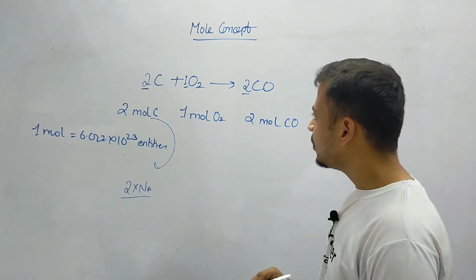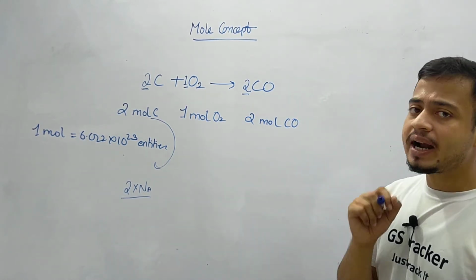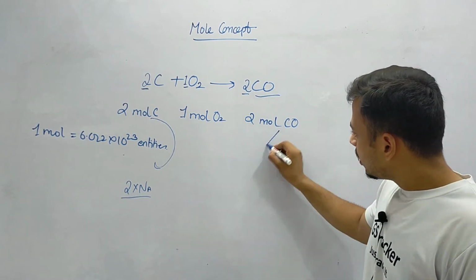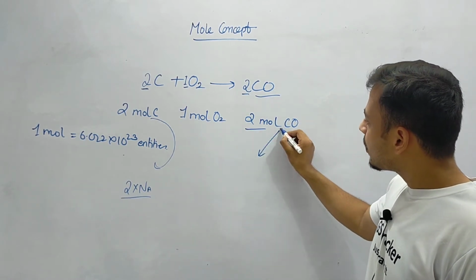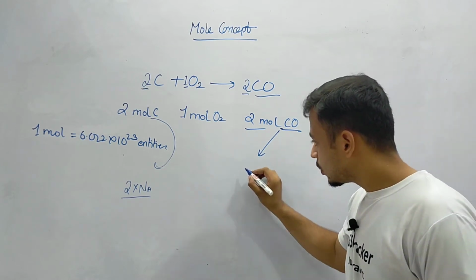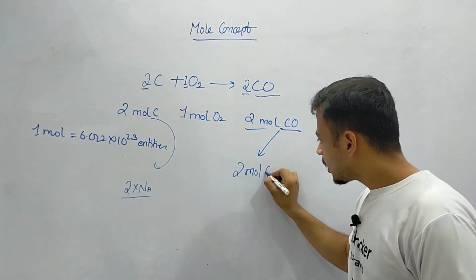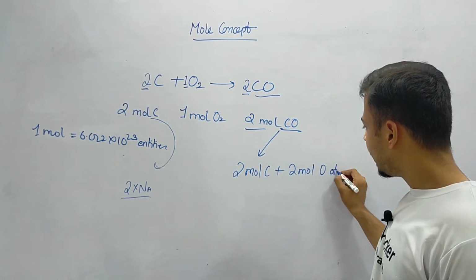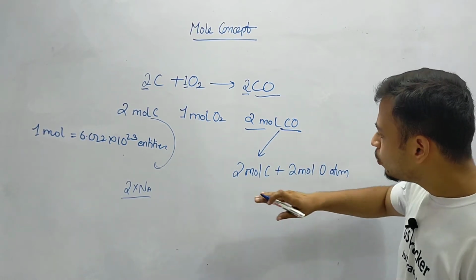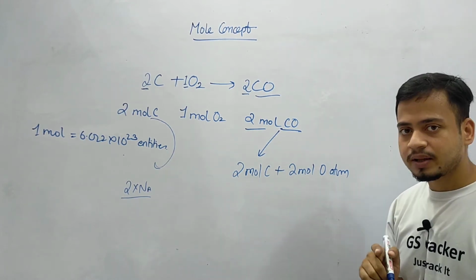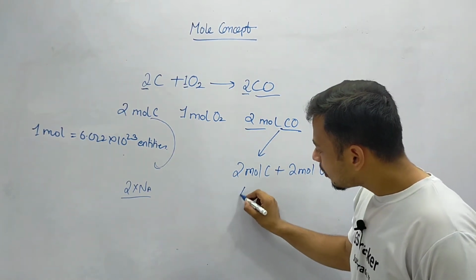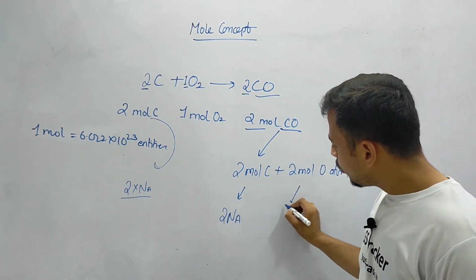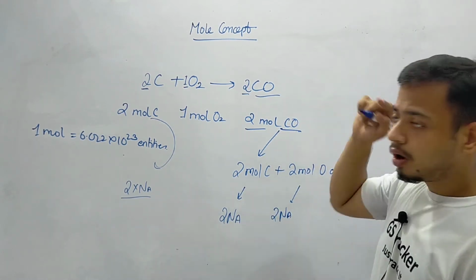Similarly, how many carbon atoms are there in carbon monoxide? Here, there are 2 mole carbon monoxide, which contains 2 mole carbon atoms plus 2 mole oxygen atoms. So this means there are 2 Na number of carbon atoms and 2 Na number of oxygen atoms.